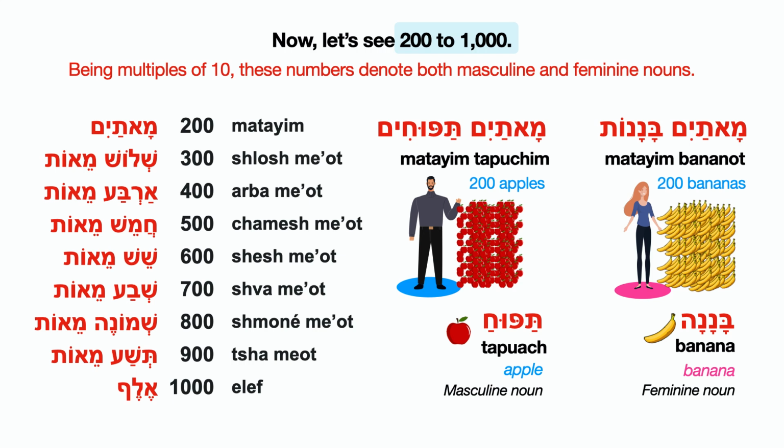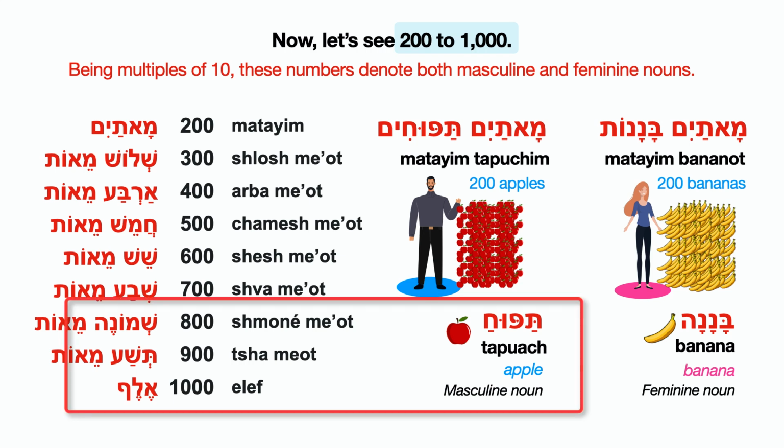Let's pronounce them now. 200, matayim. 300, shloshmeot. 400, arbameot. 500, chameshmeot. 600, sheshmeot. 700, shvameot. 800, shmonemeot. 900, tshemeot. 1000, elef.